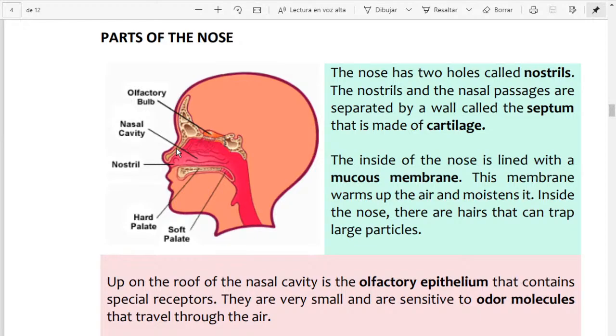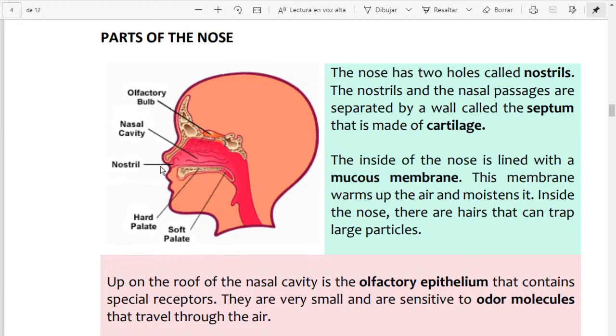So the inner part of our nose has a lining that is able to warm up the air, okay, and to moisten it. Moisten means humedecer, and this is very important because imagine you have a particle of dust or anything.